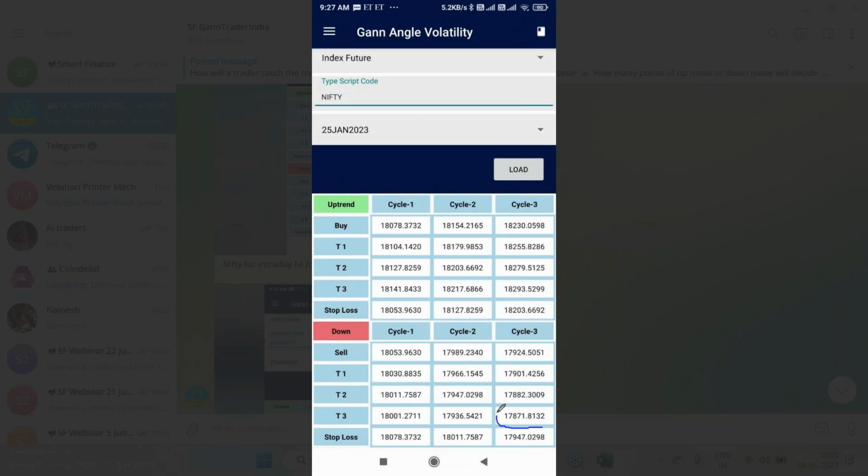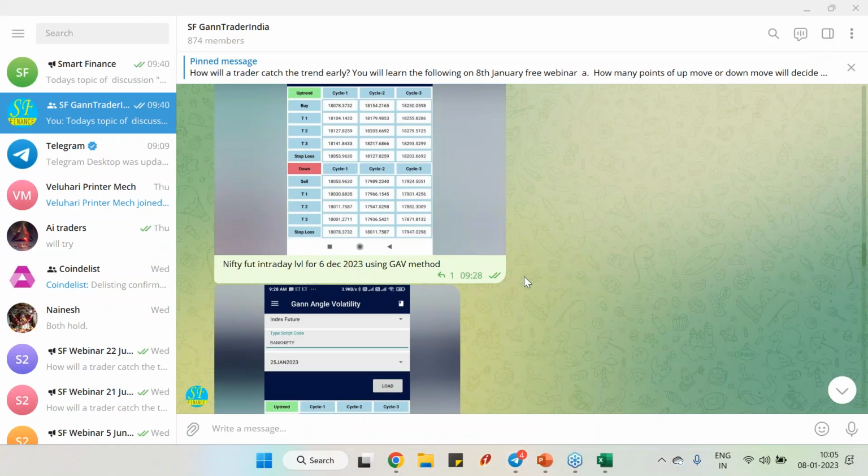You can see 17,871.81 was the last calculated target for cycle 3 for the Nifty future, and Nifty has exactly touched that level of 17,872. This was achieved in the real market, and these calculations were given to you much before 9:30.